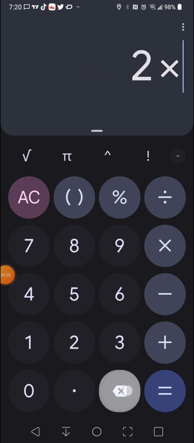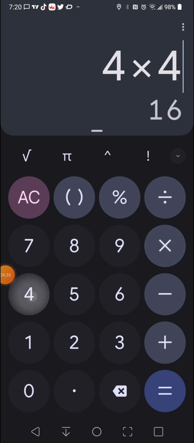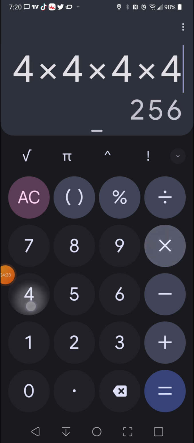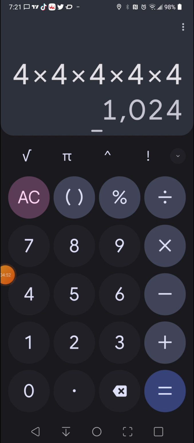Let's say 4x. That's 256 times if you 4x your account 4 times. Let's do 5 times so that way you don't become confused. If you 4x your account 5 times, you are 1,024xing your account.